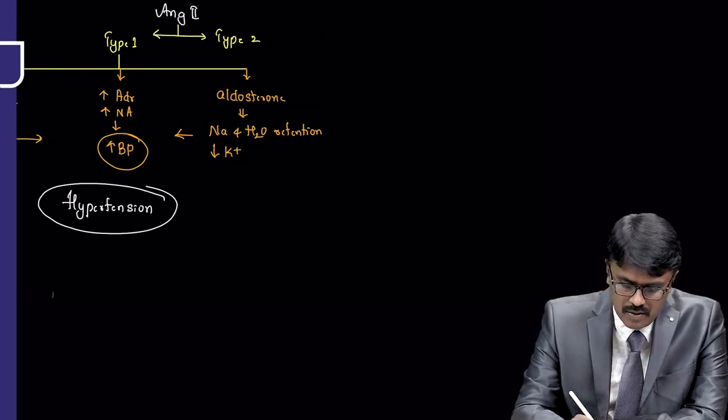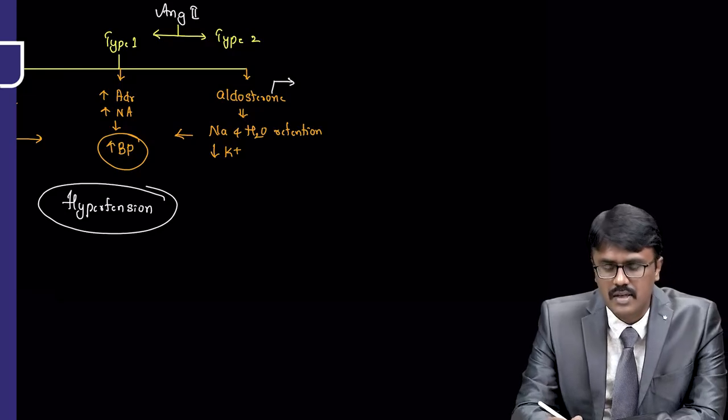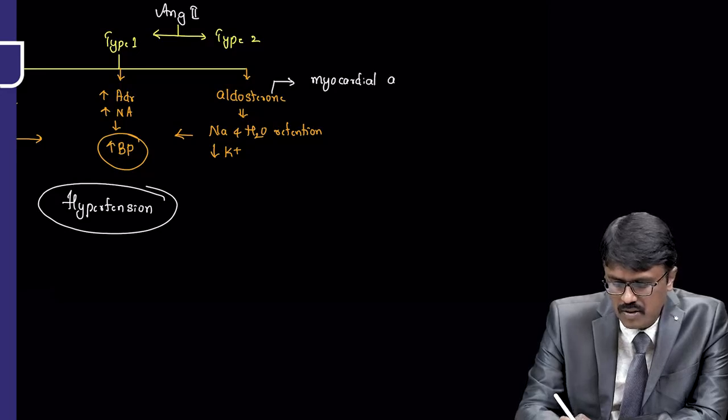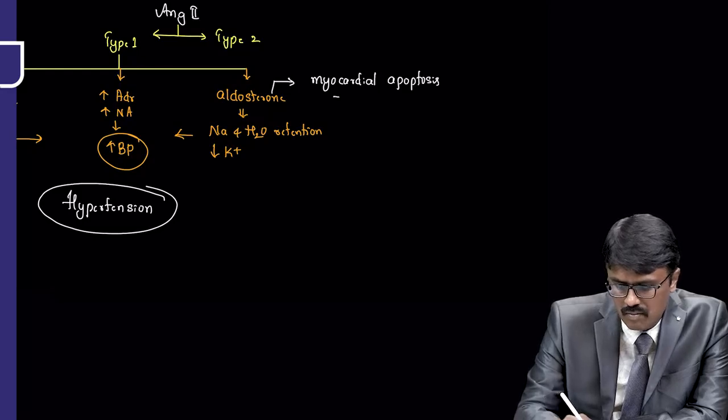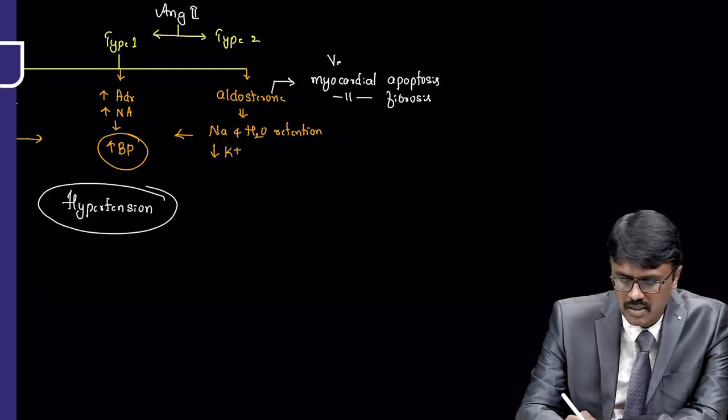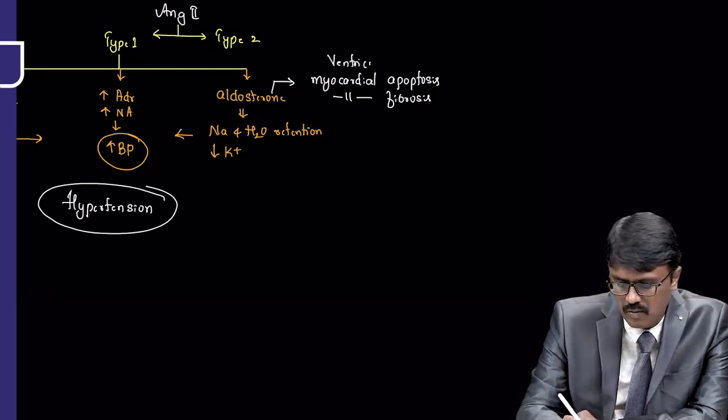Second, the culprit aldosterone. If this aldosterone is in excess, it can cause myocardial apoptosis. It can cause myocardial fibrosis. And because of that, the ventricles will change shape. That is called ventricular remodeling.